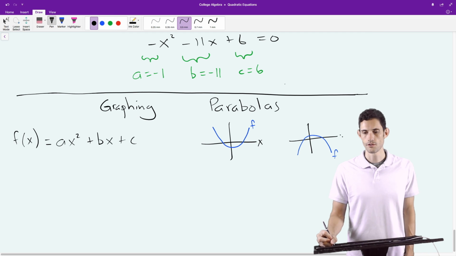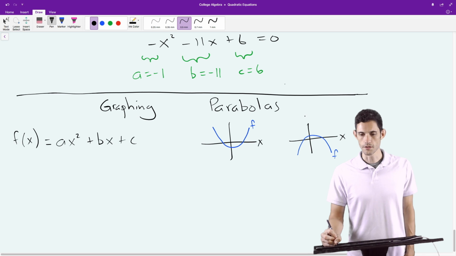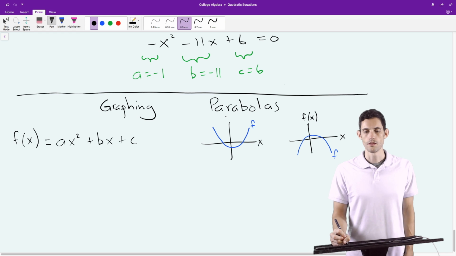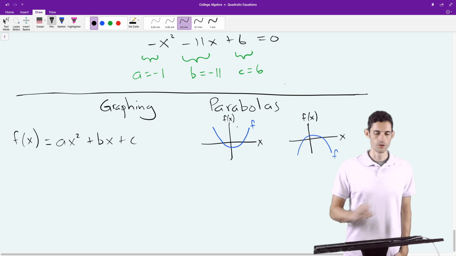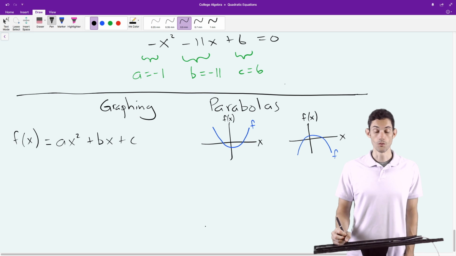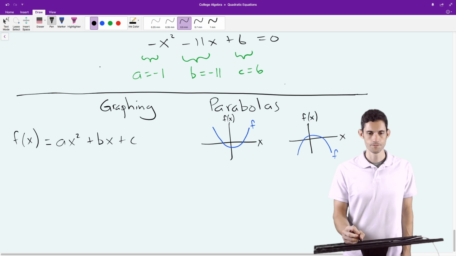This is the x-axis. And so on the y-axis, I'm measuring the value of the function at x. This is the value of the function at x. And usually people would just call that number y instead of f of x.